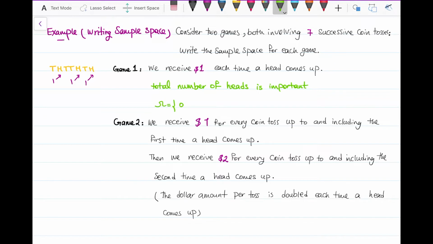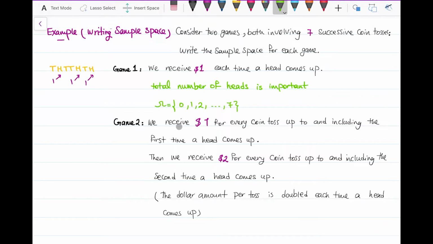I get 0 head when I get tail, tail, tail, and tail for the 7 successive coin toss. Or I get 1 head, 2 heads, or up to 7 heads. Okay, so the sample space here would be just the total number of heads.